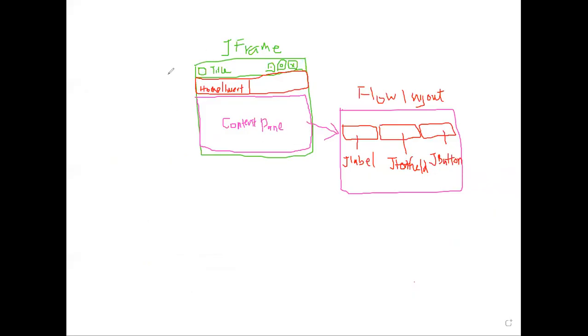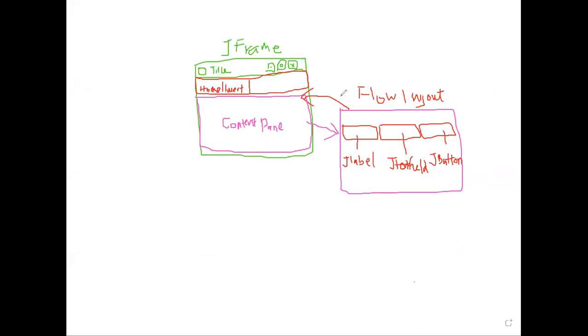We have our JFrame, which is the green we can see here, and then the purple one here is our content pane. So now we want to put our content pane on our frame. You get the logic. Yes, sir.